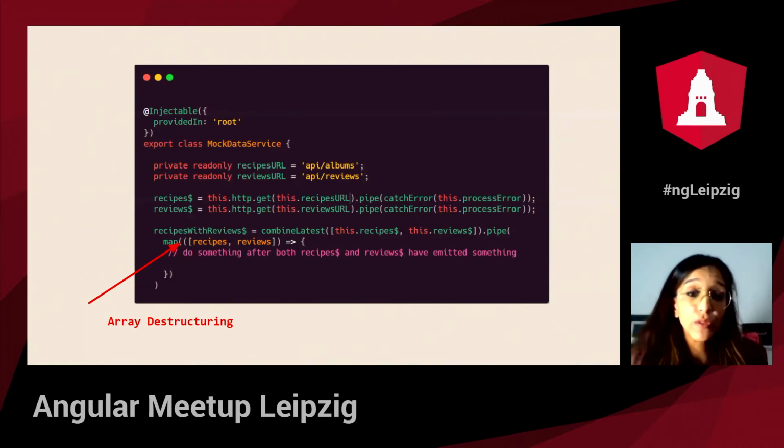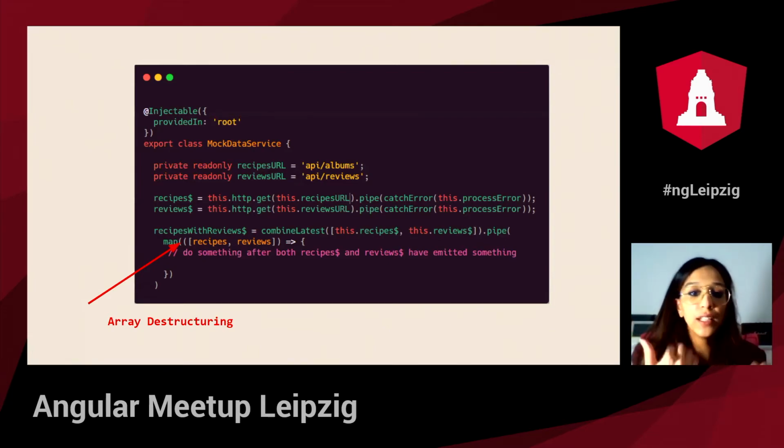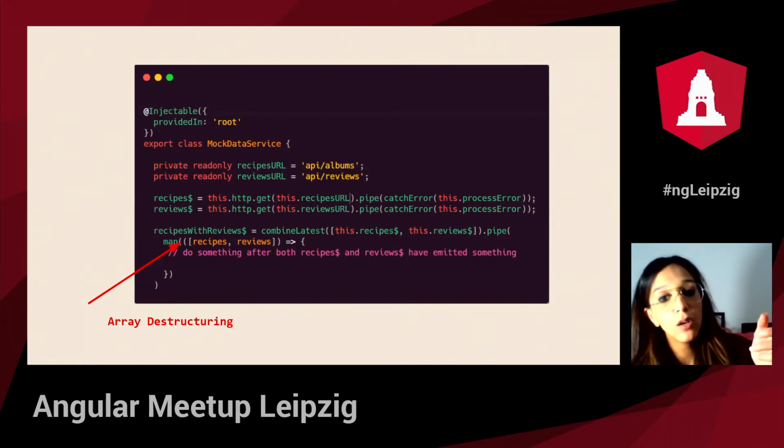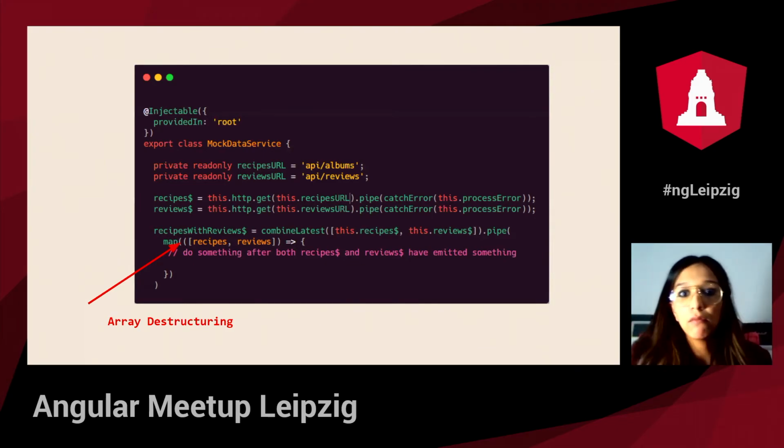And this is my service. This is my mock data service. I have here my recipes and I have my reviews. And the API of recipes only returns the whole list of recipes without reviews, because the reviews may be something about 100 reviews or something.